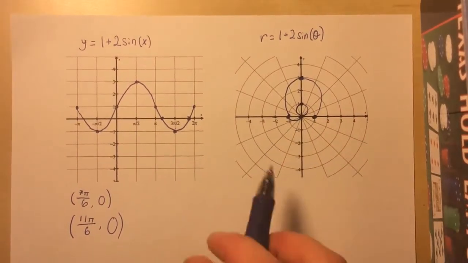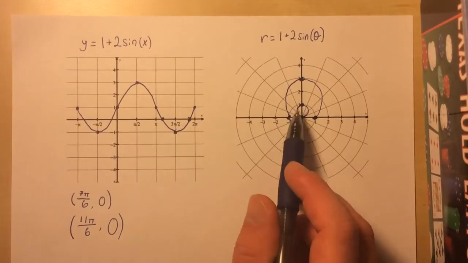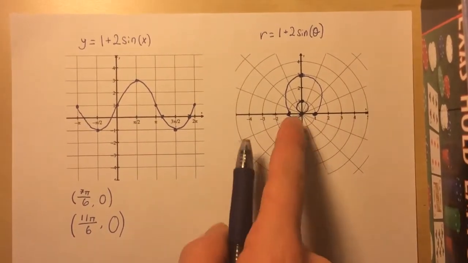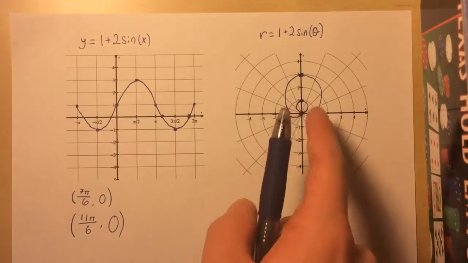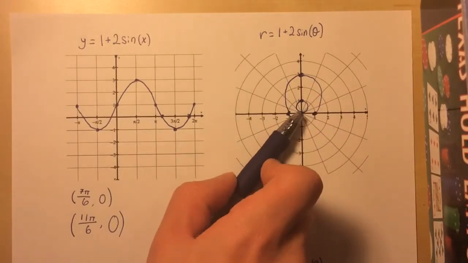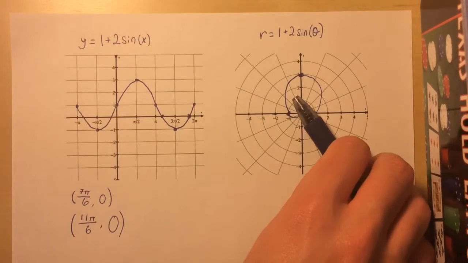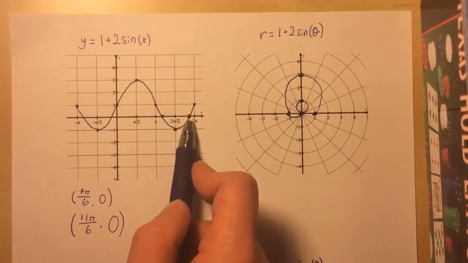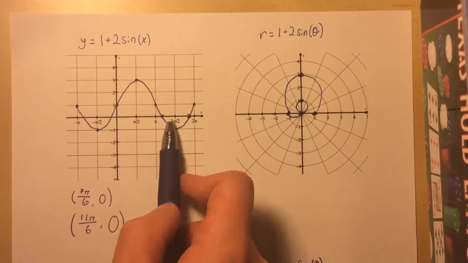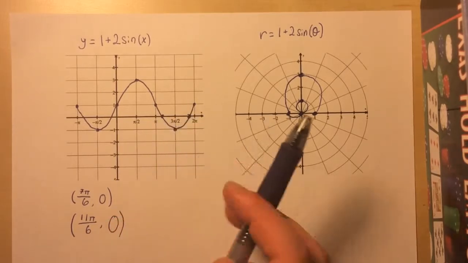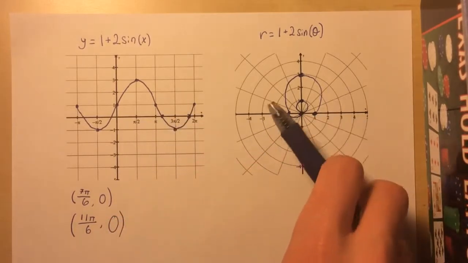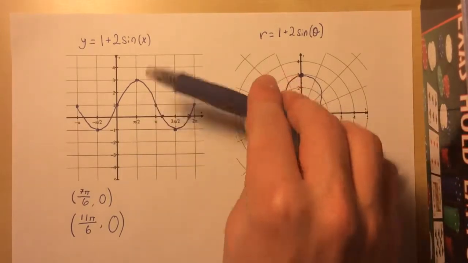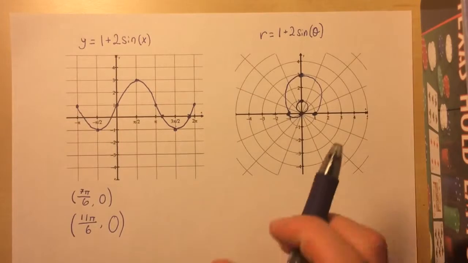So this little loop is what really confuses lots of people, because our angles are out here, because this loop is corresponding to these angles that sweep from out here. It's just that since the Cartesian graph is negative that whole time, we're kind of mirroring it across this line on the polar.